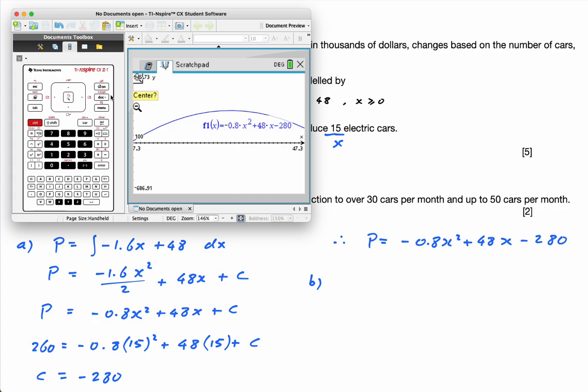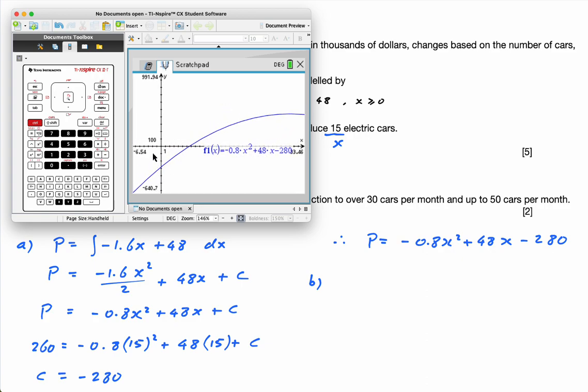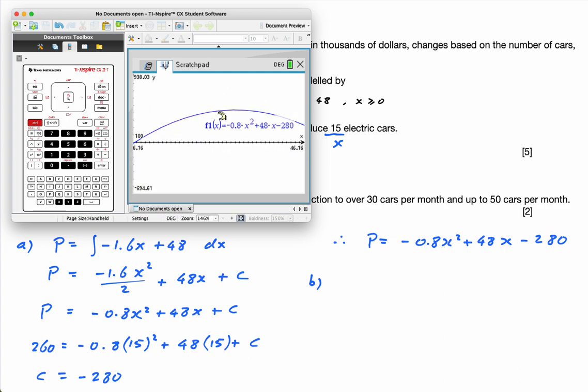So this is the profit function. X is the number of cars it sells, and the y-axis is the profit. The more they sell, the profit increases and increases and increases until it gets to this point here, and then the profit starts to decrease.